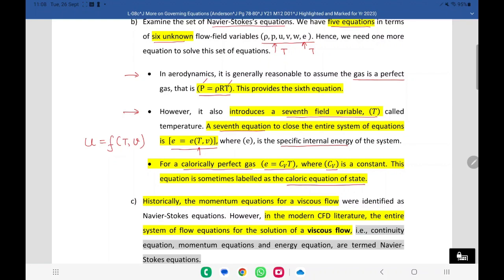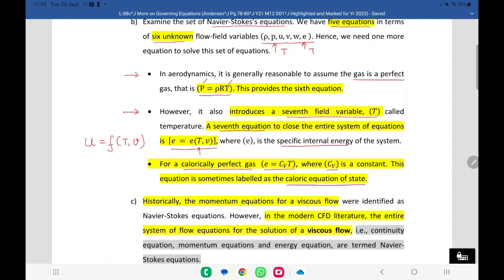So yesterday what we were doing was that we had replaced all tau with derivatives of u, v and w, and put lambda and mu there, which are the properties of the fluid.